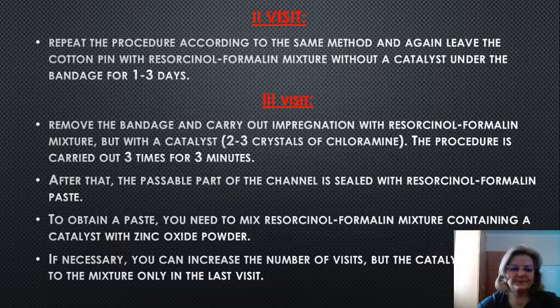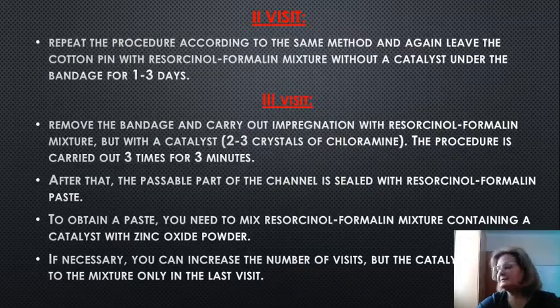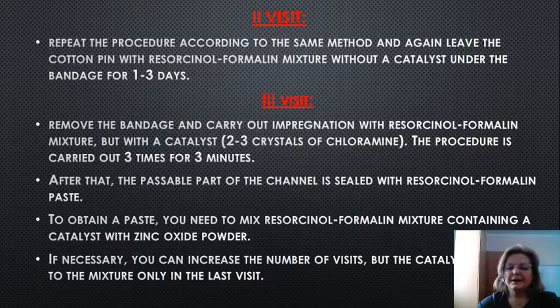Third visit. Remove the bandage and carry out impregnation with resorcinol-formalin mixture, but with a catalyst. This is 2 or 3 crystals of chloramine, and the procedure is carried out 3 times for 3 minutes.